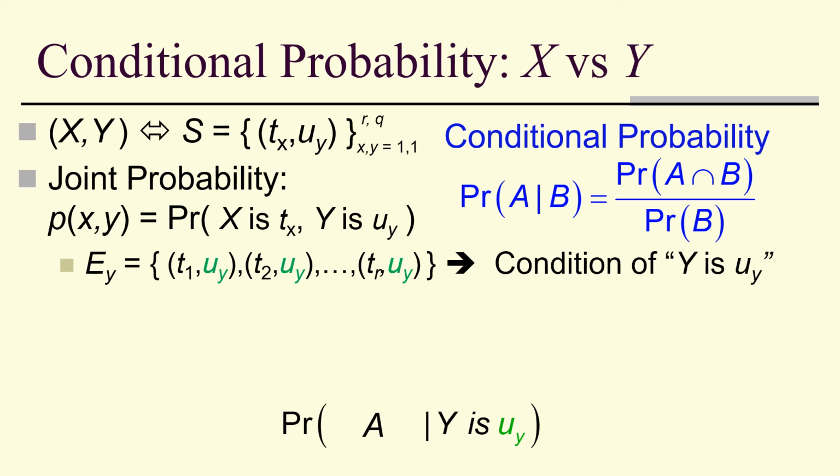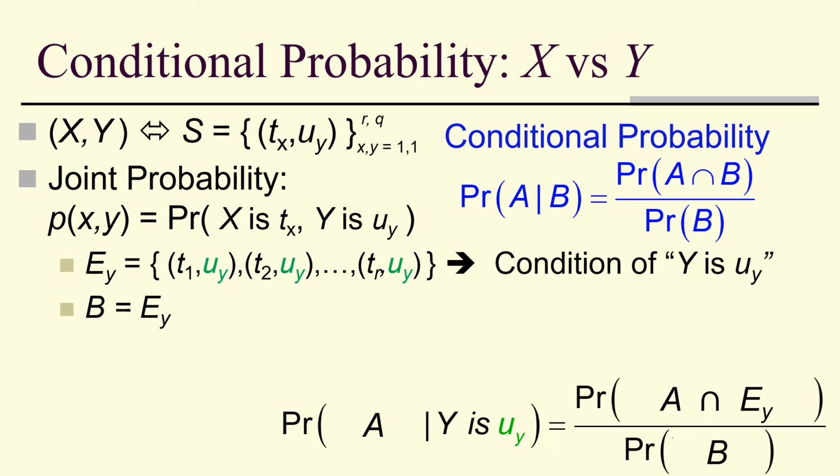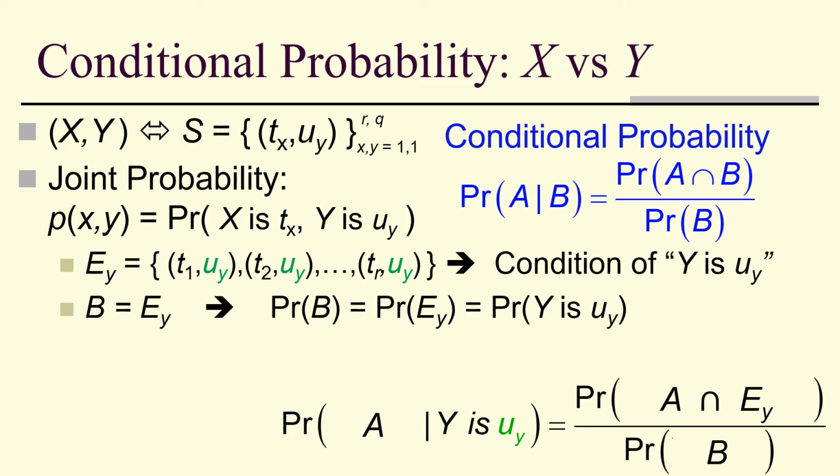So we look at the probability of A, given that y is u sub y. B is equal to E sub y, so that means we're going to be taking A intersect E sub y. The probability of B is the probability of E sub y, but that's the probability that y is u sub y. So we put that there, y is u sub y.